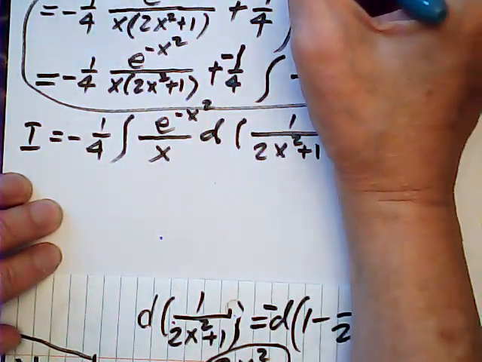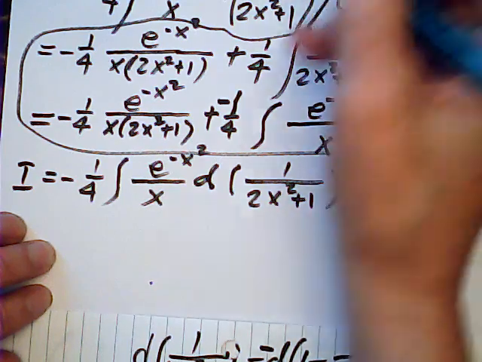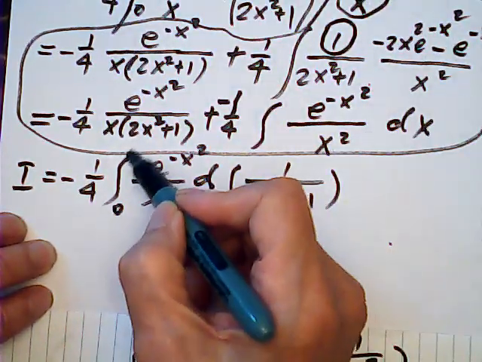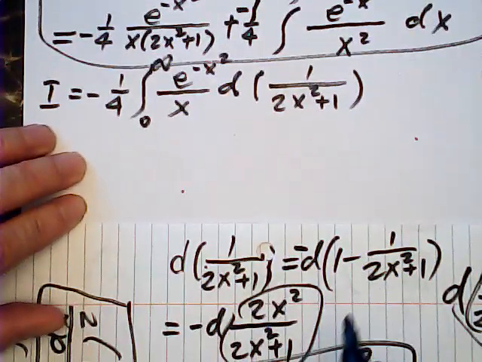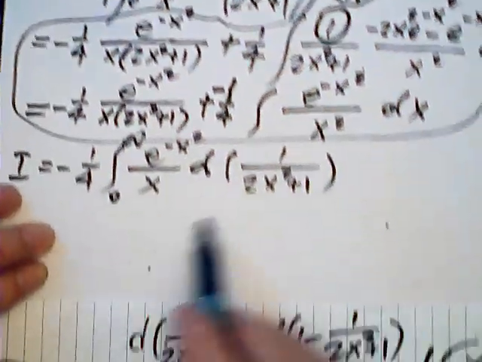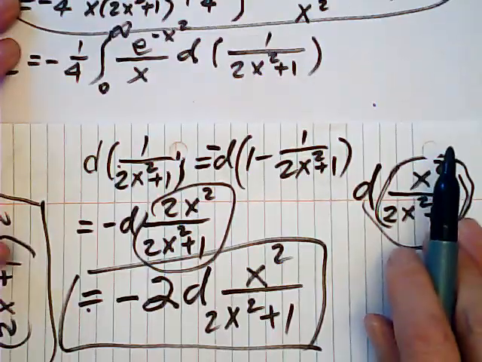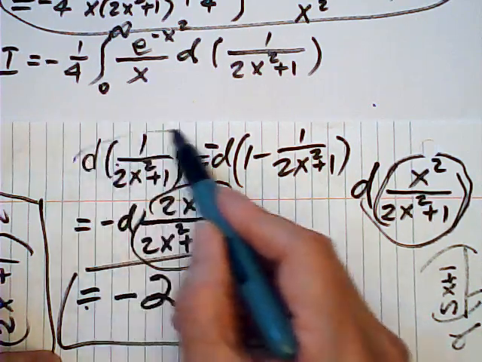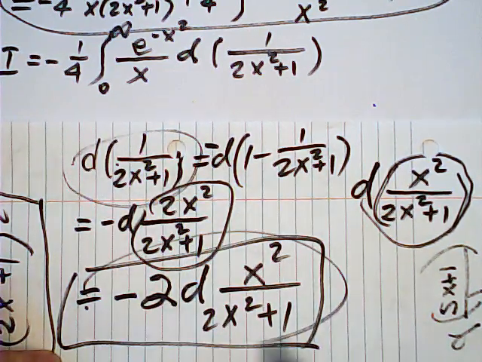I forgot the boundary, this is from 0 to infinity. Now that is what I had before. Now I have a solution that says I must change this one into this.